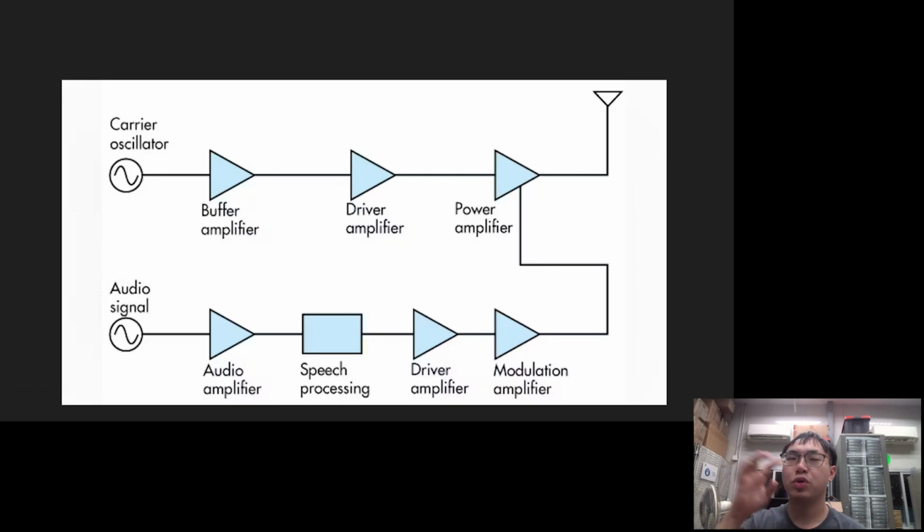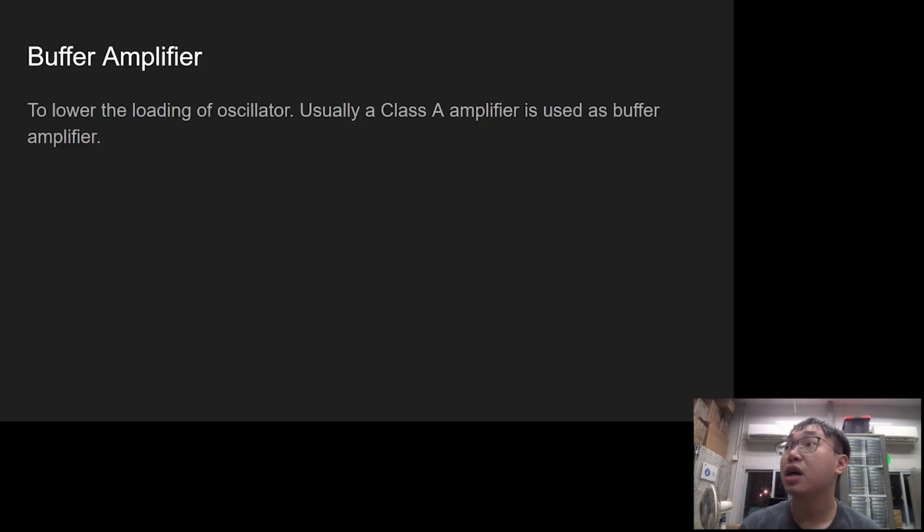Sometimes they may want to filter the signal from 20 Hz to 2 kHz to clip all the unwanted signal out. And amplifier. And at last they put these two signals together through the modulation, the AM. And then they transmit the signal through the antenna. This is how the transmitter works.